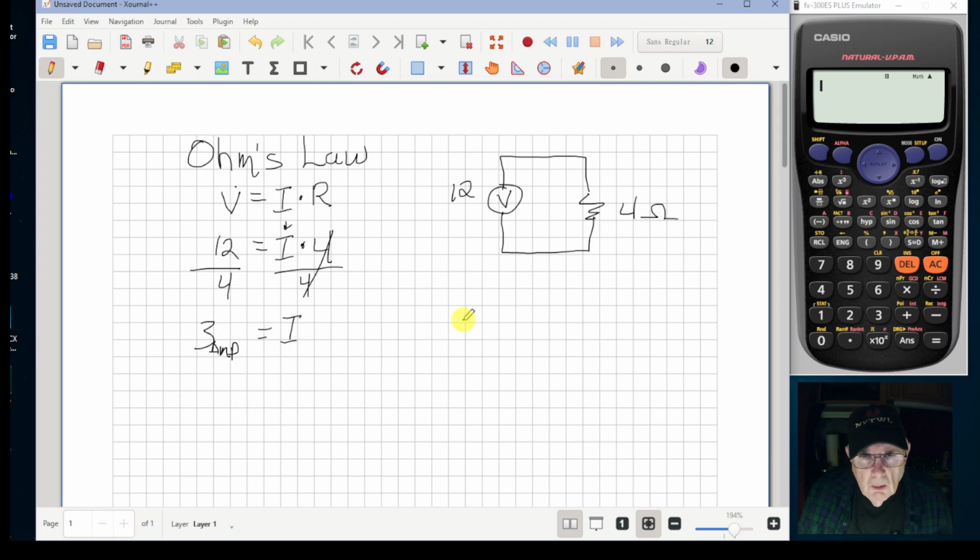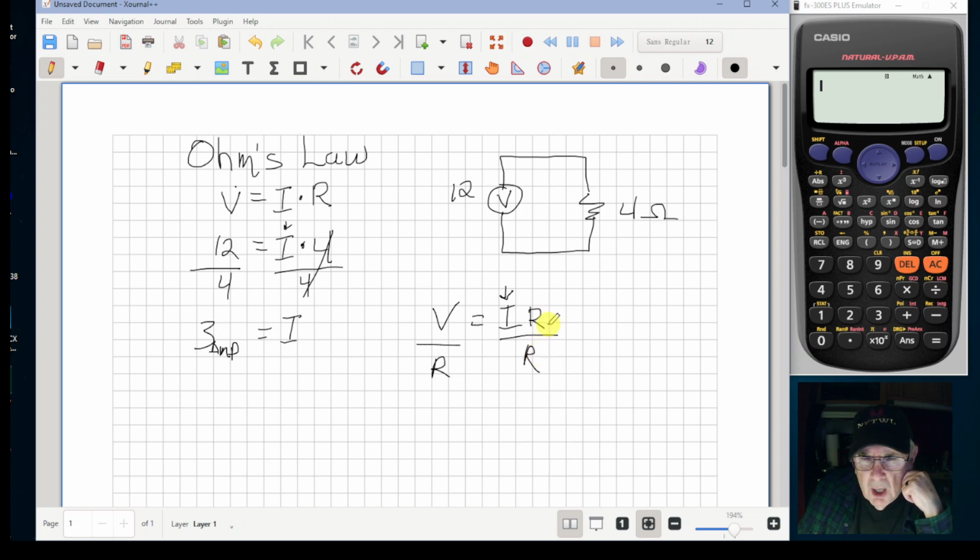Okay, well, look what you can do. Let's not do any numbers here, and let's solve this equation for the same thing, for I. We divide by R because we want I by itself. We divide by R, but we have to do it to both sides.